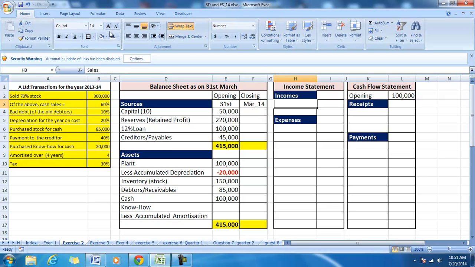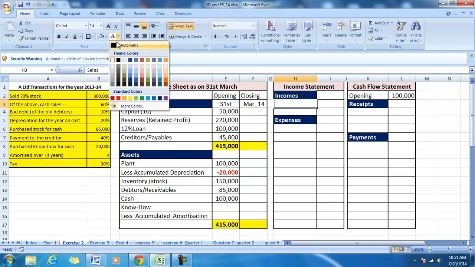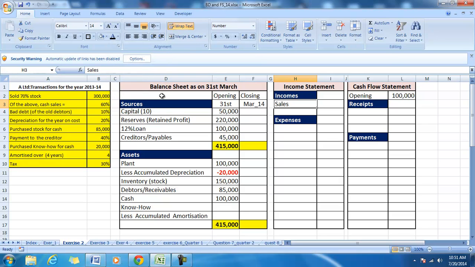So sales: 70% of the stock is sold for 300,000, and this 300,000 is not fully for cash. 60% of the sales is for cash.